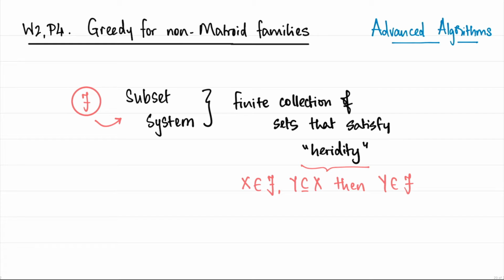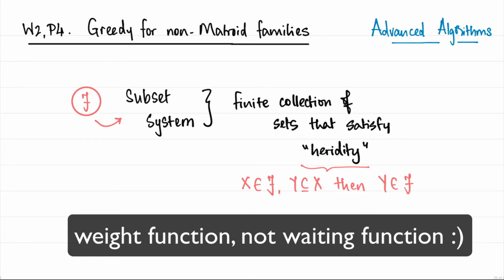So our claim is that if you have a subset system that does not satisfy the exchange property, so it's not a matroid, then you can actually come up with a collection of weights which will throw off the greedy algorithm. So you can design a weighting function which, if used by greedy, will mislead it.